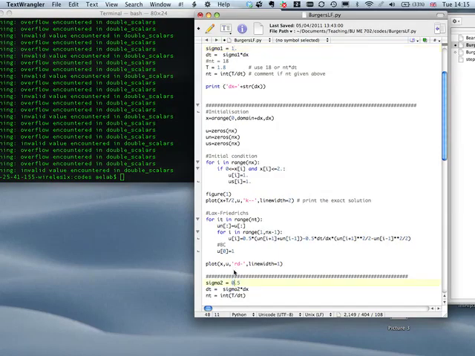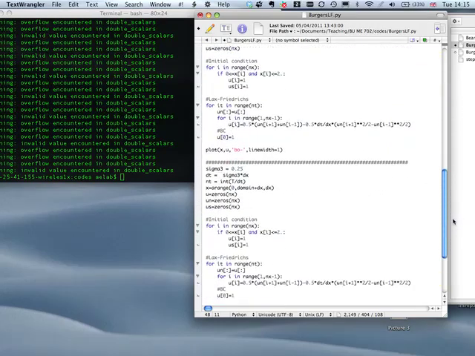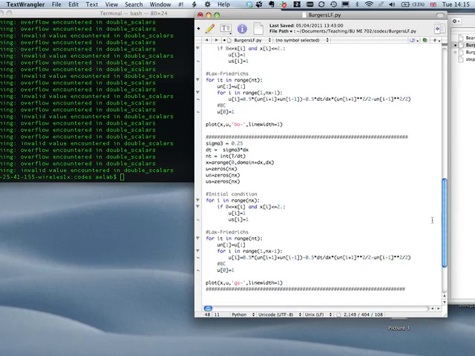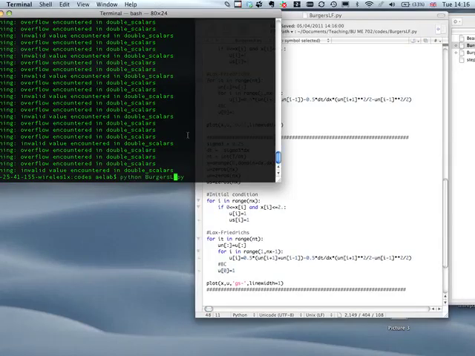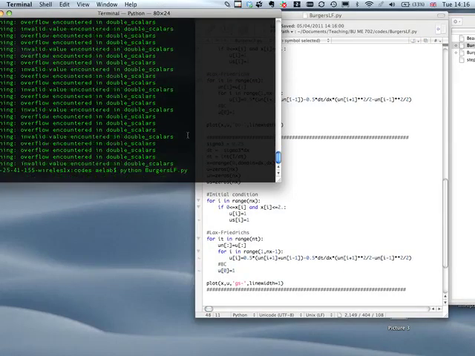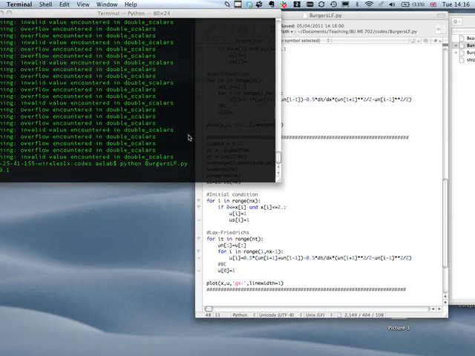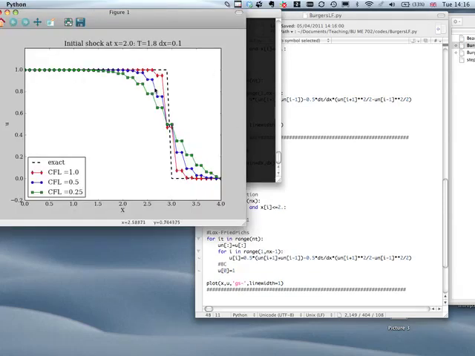I'll run them with 1, 0.5, and a little further below the same chunk of code repeated with sigma 0.25, so I can plot them all together. Maybe there's a better way of doing this. This is the solution we're looking at, and this is how I generated that plot that I've just showed you with the 3 values of CFL.